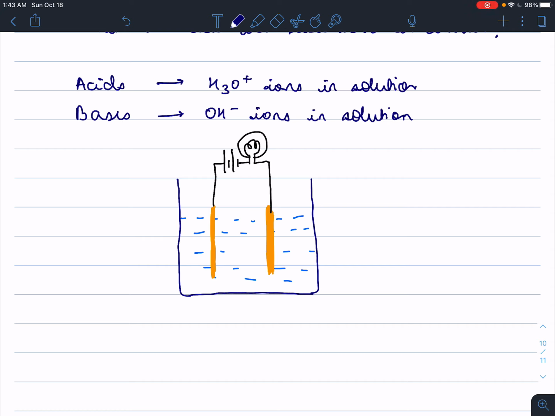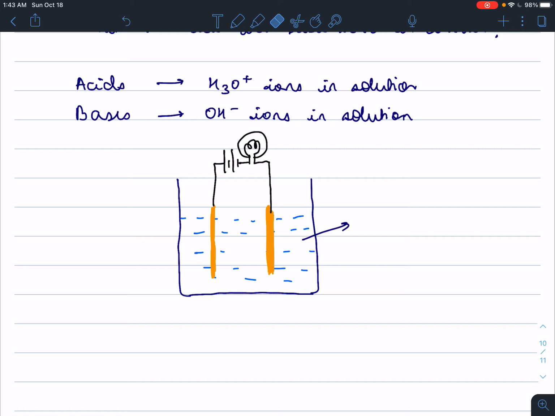Now, if the solution is water, just H2O, distilled water or deionized water, then no light. The bulb does not glow. Alright?